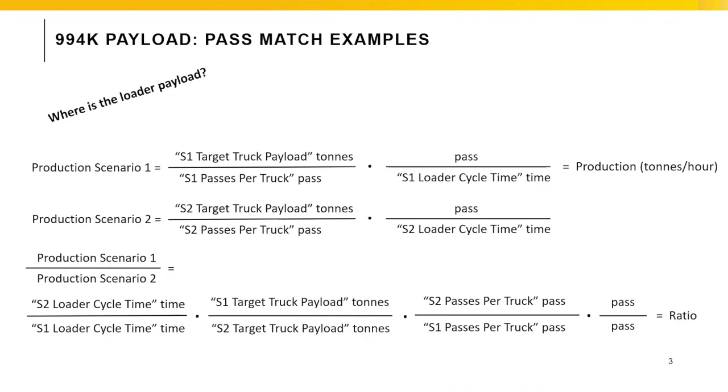And the key point there is that if your wheel loader payload isn't a perfect match to your truck, and it's not considering this target truck payload divided by the passes that you actually can make, and you end up with a half pass, for example, you're not actually going to be able to utilize the full capability of the machine.